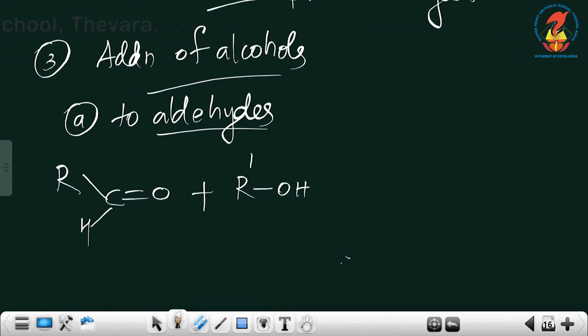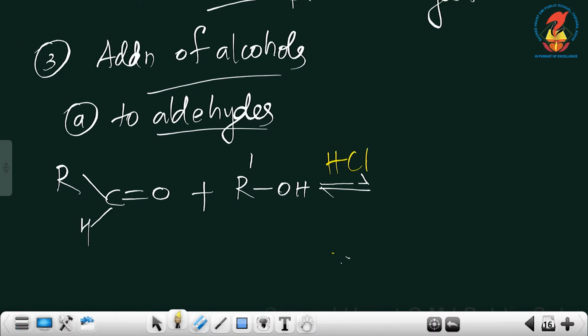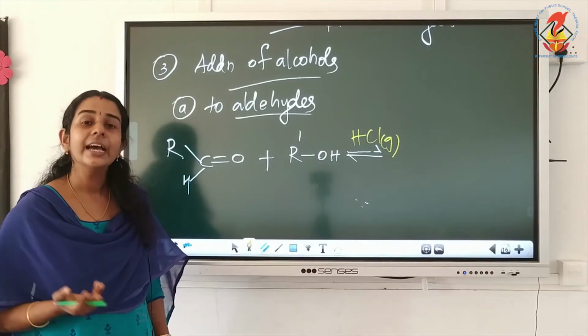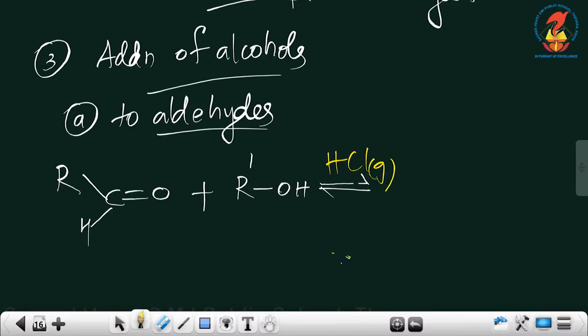So, aldehyde is reacting with one molecule of alcohol, and remember, here also the reaction is reversible, and this reaction is always taking place in presence of dry HCl. What do you mean by dry HCl? Hydrogen chloride gas. Now, we know the polarization of C double bond O: delta plus, delta minus.